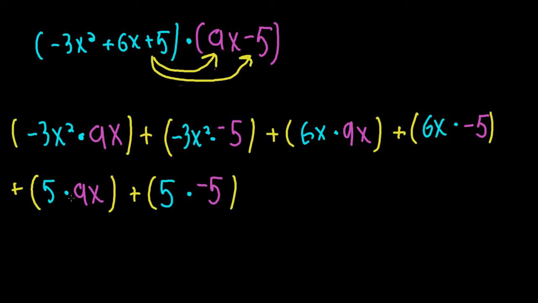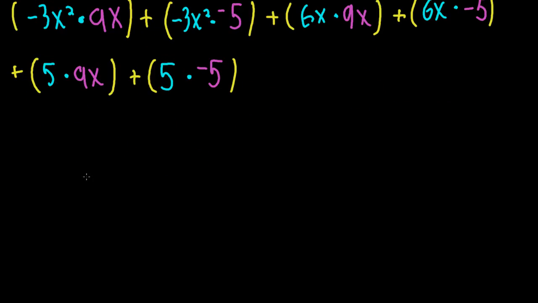Alright, so from here we're just going to simplify. So we're going to take each term and simplify. I have negative 3x squared times 9x. Well, negative 3 times 9 is negative 27. Then we have x squared times x gets me x cubed.